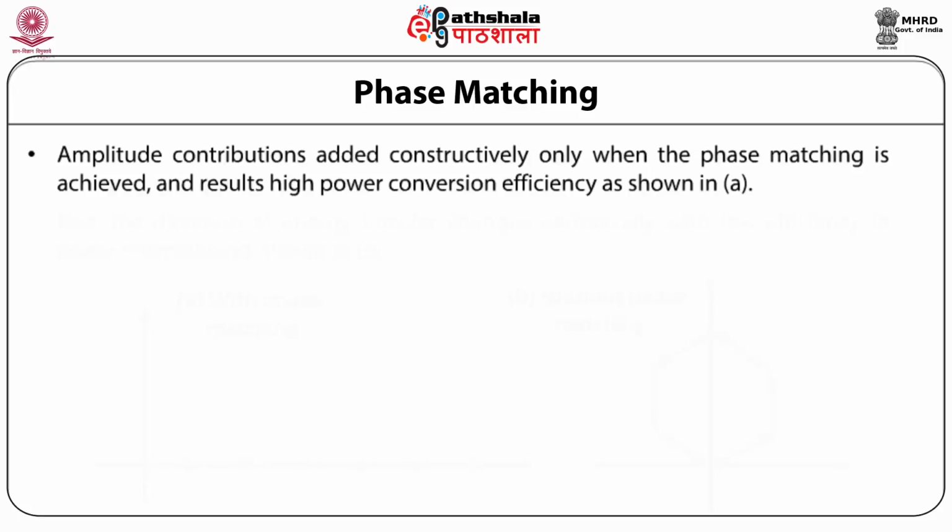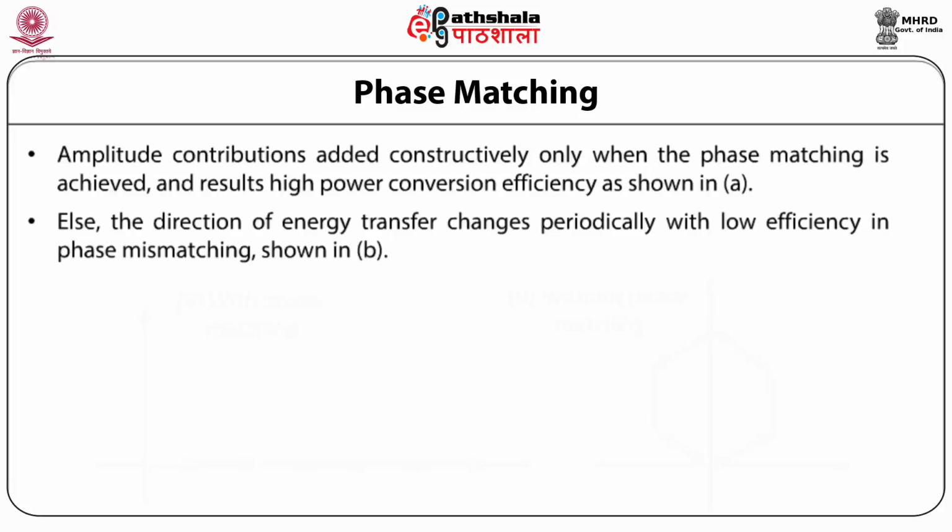In figure 1, the arrows indicate the phase corresponding to the amplitude contributions from different parts of the nonlinear crystal to the harmonic wave. These contributions add constructively only when the phase matching is achieved, and this results in high power conversion efficiency.